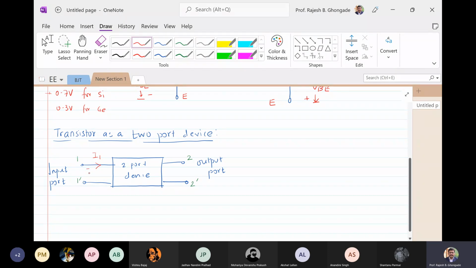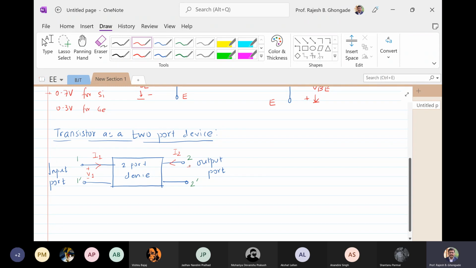Here we have plus minus V1, meaning the voltage applied at the input port is V1, and the current that flows into the port is I1. In a similar way, we have this as I2.